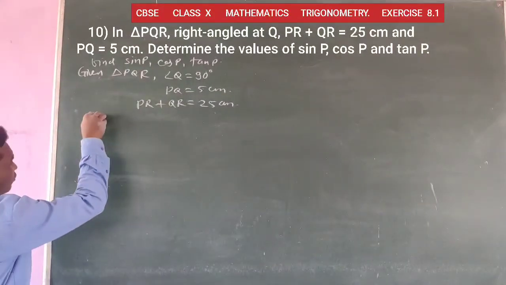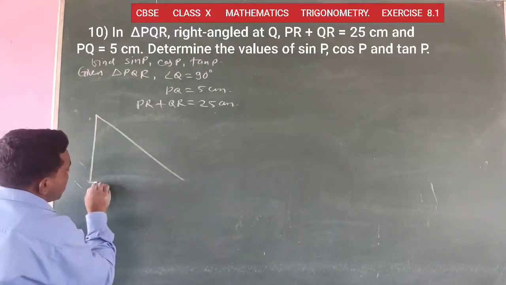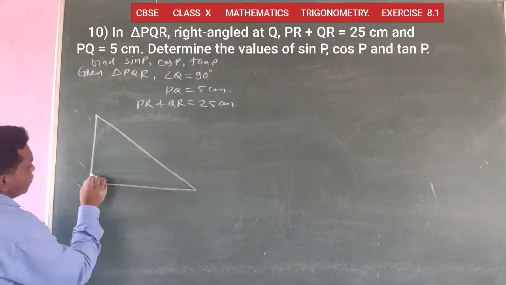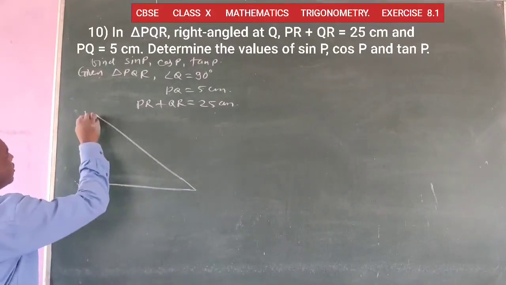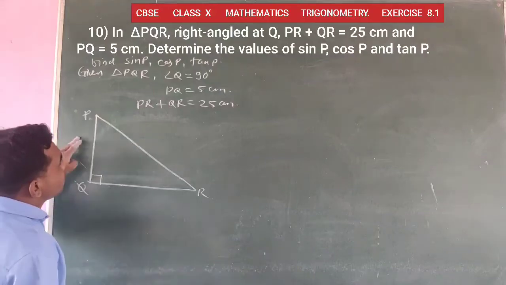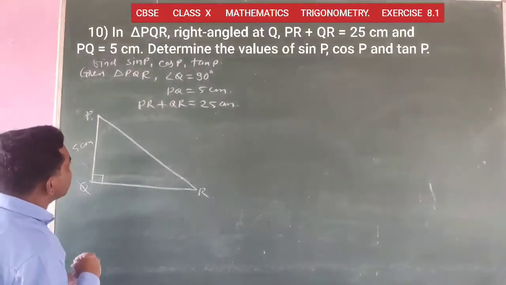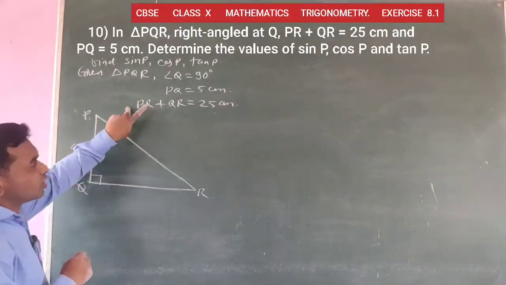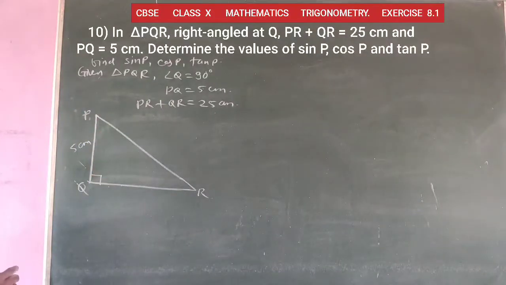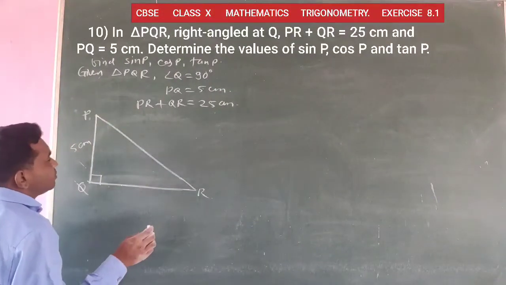So before solving this example, we draw the right angle triangle named PQR, and angle Q is 90 degrees. Here PQ is equal to 5 centimeter and PR plus QR is equal to 25 centimeter.